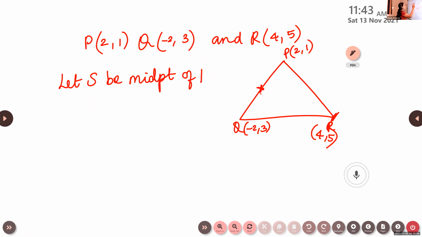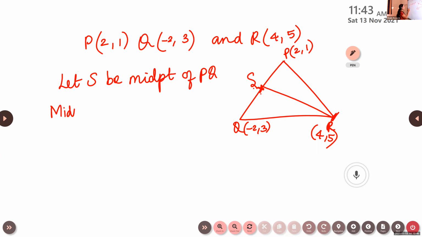Is it clear, children? We want to find the equation of the median from R. From R, if we draw the median, the opposite side is PQ. So let us name this as S, the midpoint of PQ. Can you find out the midpoint S?